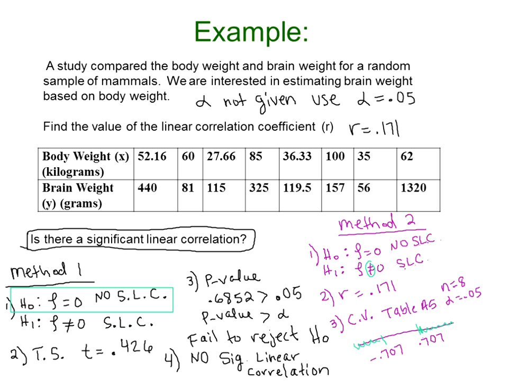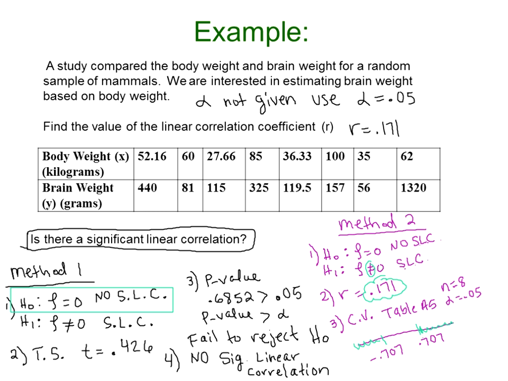So look at our test statistic. Where does that test statistic lie with respect to the critical region? Is it in the shaded region or is it outside the shaded region? So then that should tell you what to do with the null hypothesis, right?